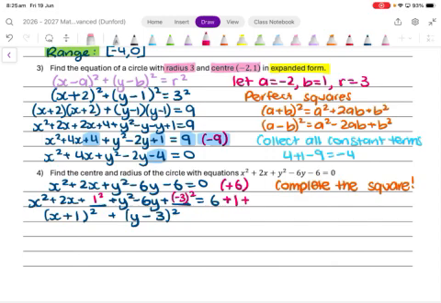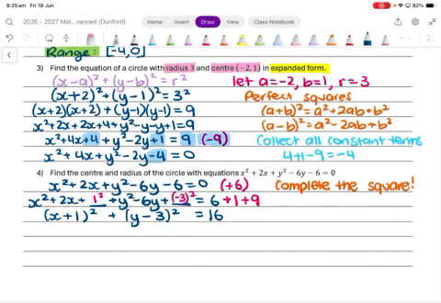But what is negative 3 squared? 9. Okay, so I'm going to have my negative 3 squared on the left-hand side, but I'm going to put a 9 on the other side, just to help me out in a moment. So then we have that our x plus 1 all squared plus our y minus 3 all squared equals 6 plus 1 plus 9, which is 16, because we can use our friends of 10 to do that nice and quickly.